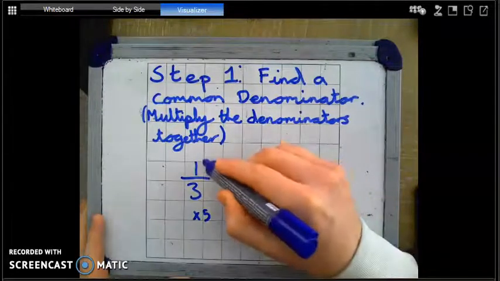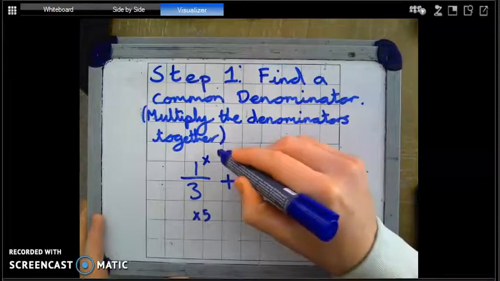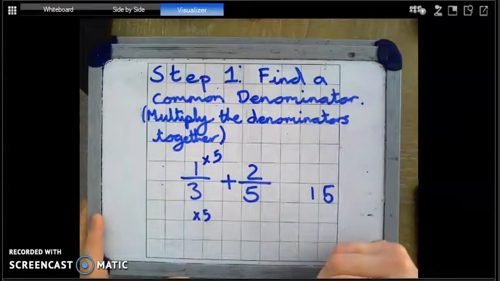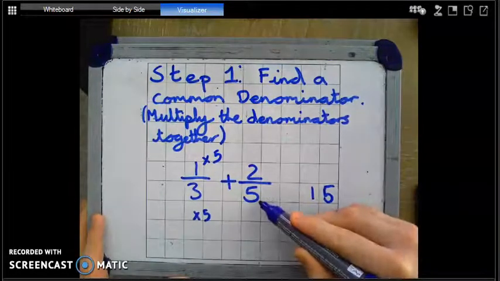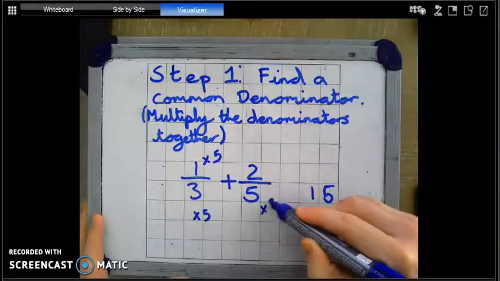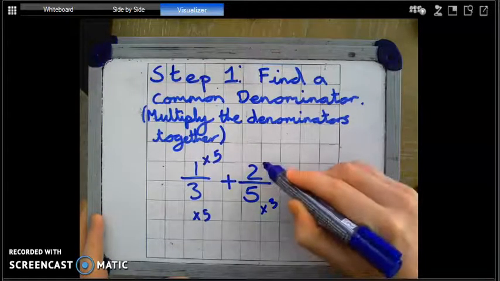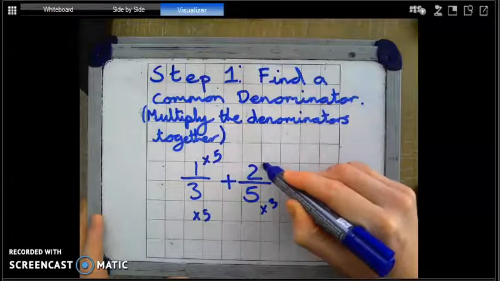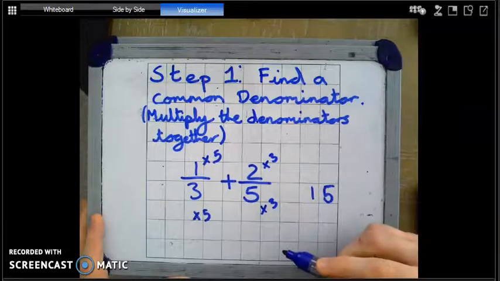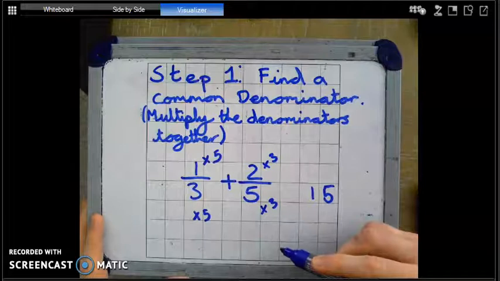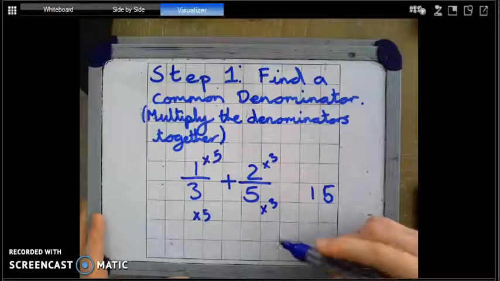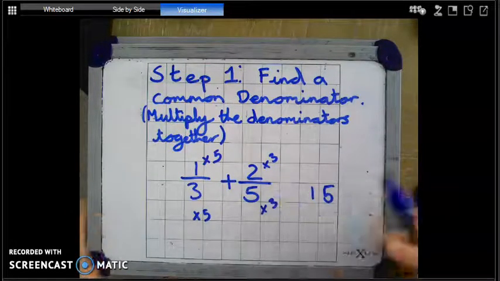That means we also need to multiply 1 by 5. Over here, 5 times 3 is 15. That means we also need to multiply 2 by 3. What we do to the bottom, we must do to the top. What we do to the denominator, we must do to the numerator.